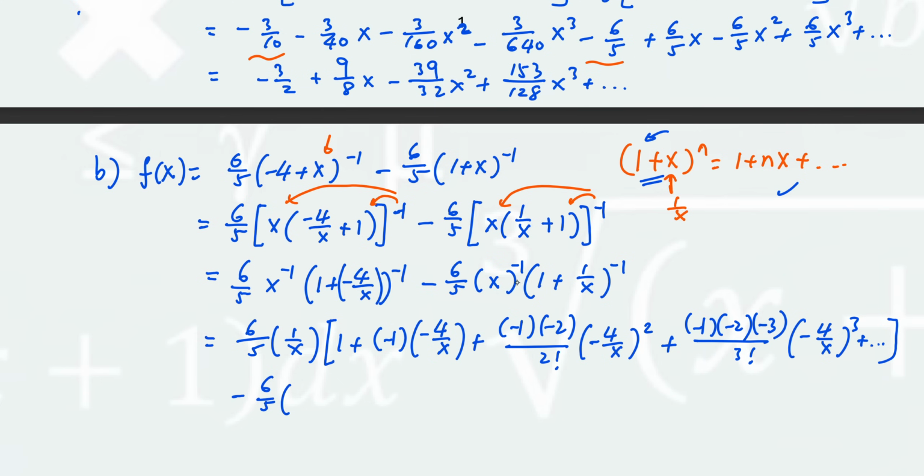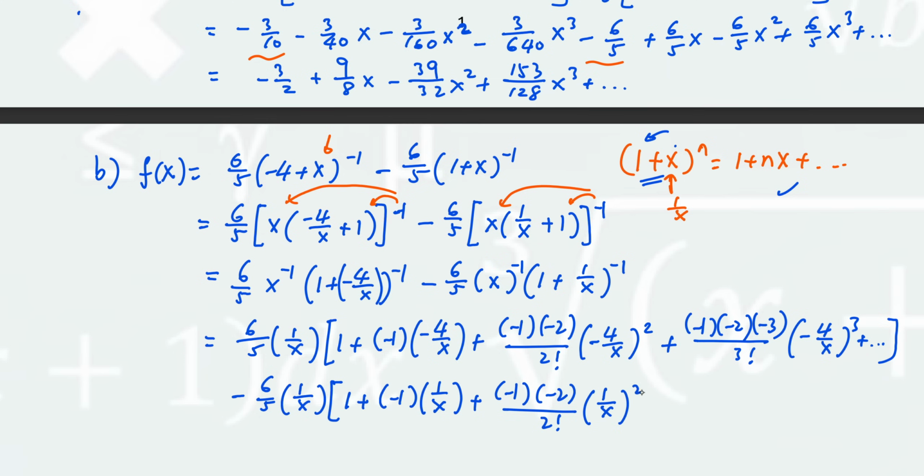And now followed by the next one. 6 over 5. Again, x power negative 1 is 1 over x. Then 1 plus 1 over x power negative 1. So now your x here becomes 1 over x. We use back the same formula. The n is minus 1. 1 over x plus minus 1 minus 2 over x squared, then 1 over x squared.